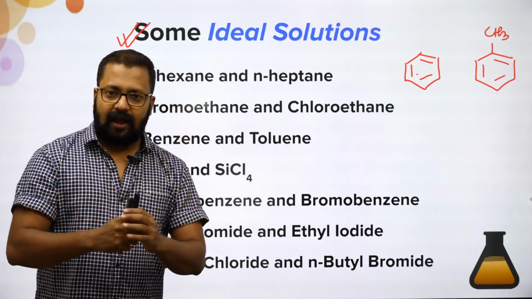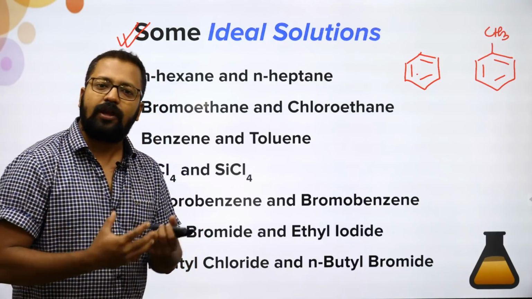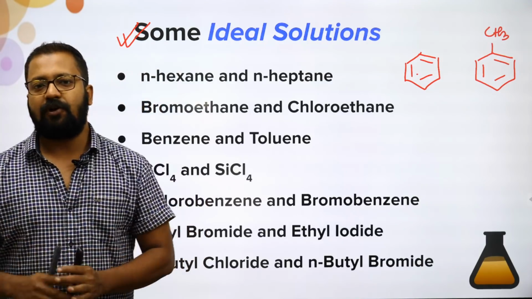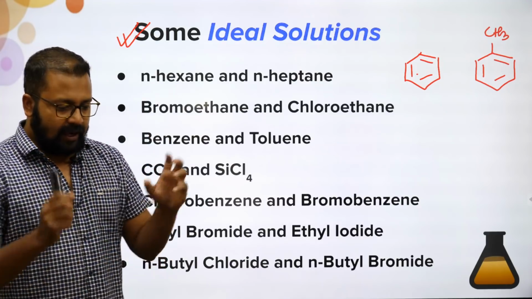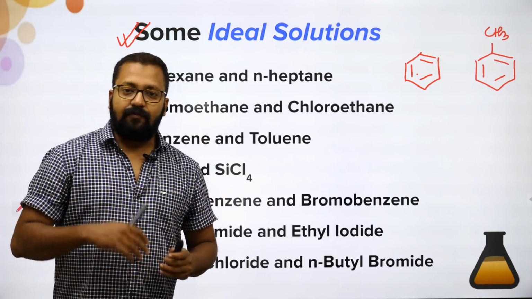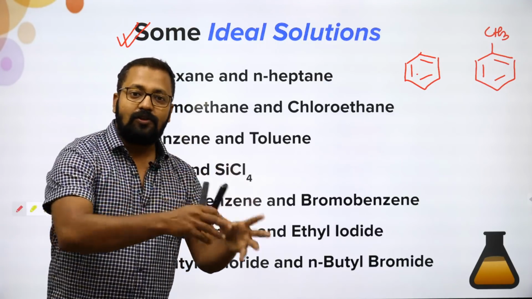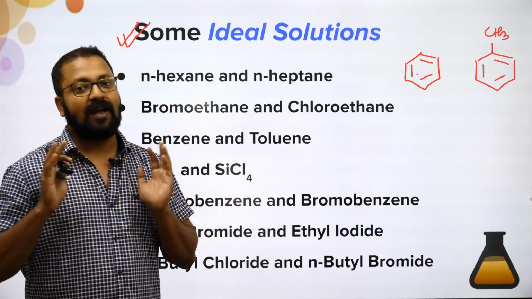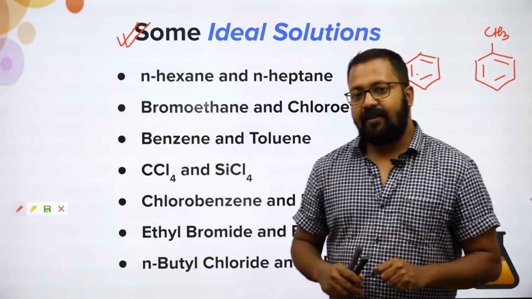I take a sample of benzene in which benzene has a lot of benzene molecules around it. I take a sample of toluene in which there are a lot of toluene molecules around it. Now when I mix them together, if benzene fails to identify that toluene molecule उसके आसपास present है, then it becomes an ideal solution. And why it will fail to identify?